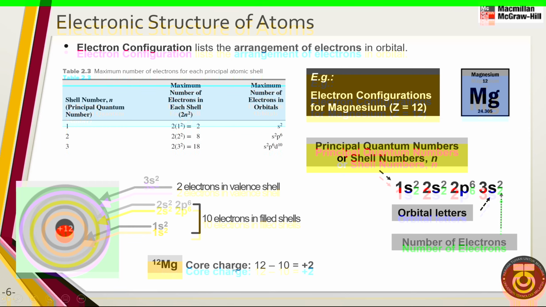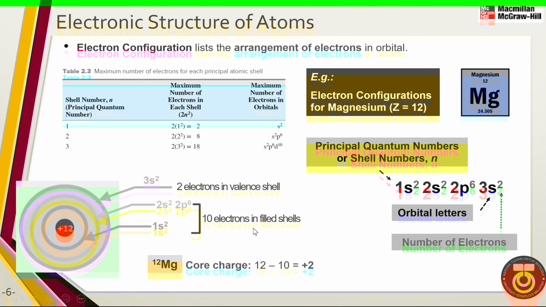Now the charge: if magnesium gives up or loses 2 electrons, there will be only 10 electrons remaining. So that's why magnesium has a charge of positive 2. Okay, so this is for magnesium.